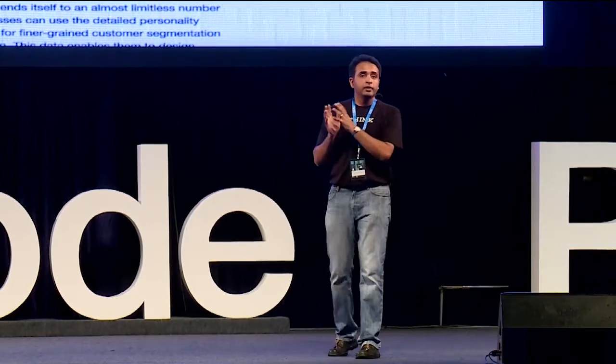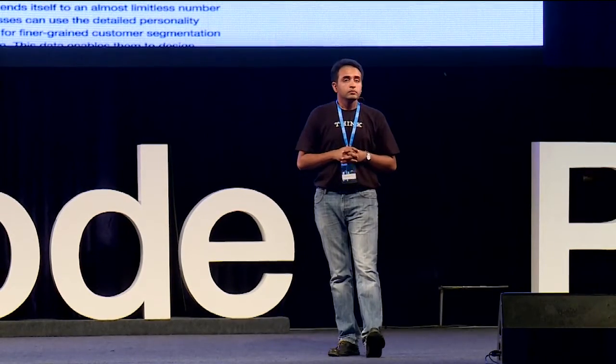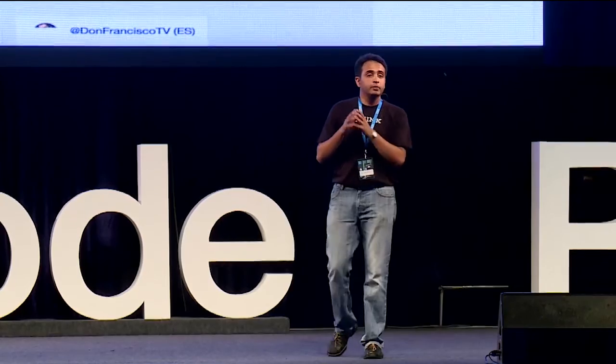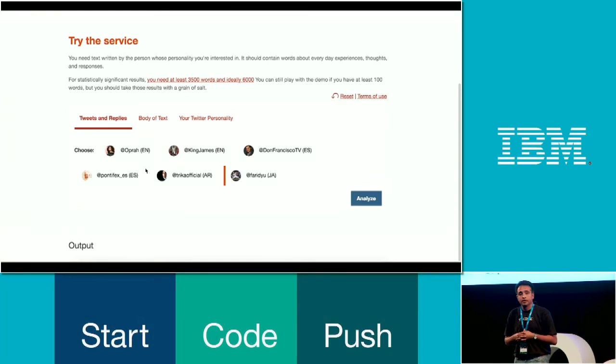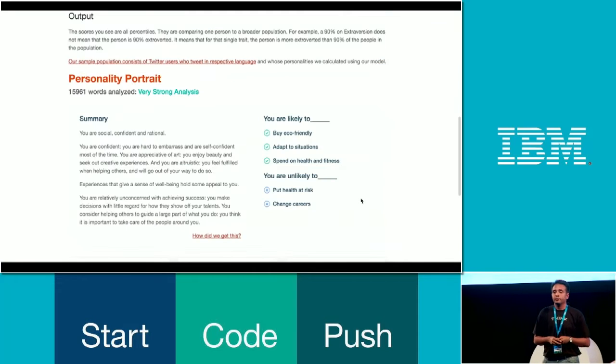So I have an application here which is integrated with Twitter, and I can select any personality listed here and analyze their personality profile. I don't have Karthik's Twitter account, so let me try to analyze Oprah Winfrey here.